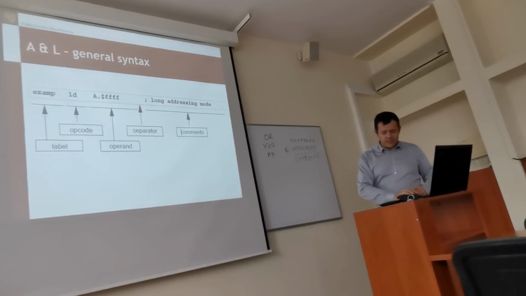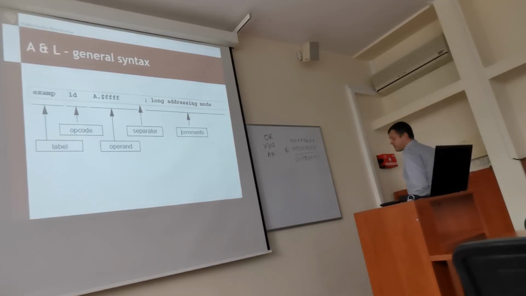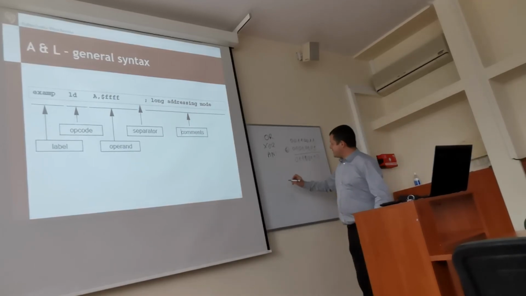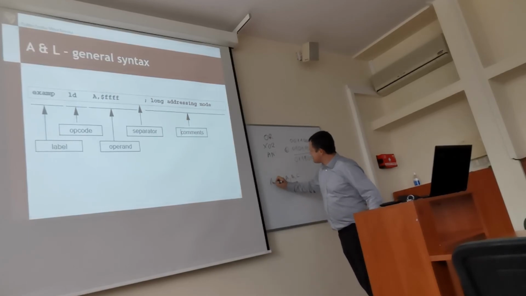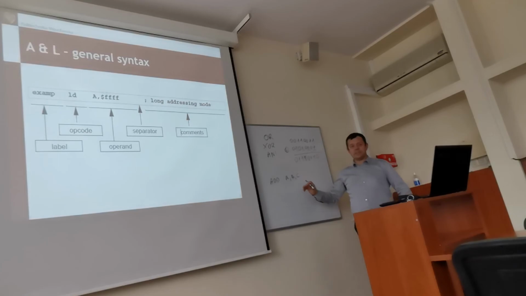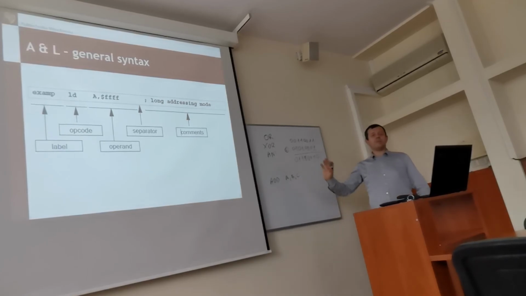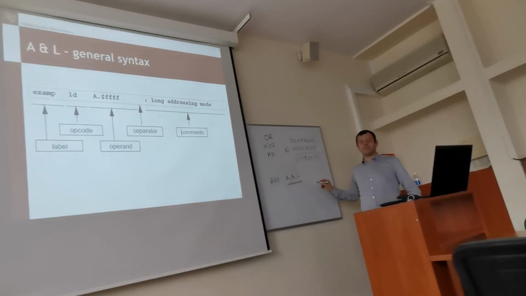In more complex microcontrollers, we've got 3 operands, and for example, LD, A, B, C, not LD, of course, it has no sense, but let's say ADD. And in this case, we don't override the source. It's the advantage of 3 operands, because we've got the situation that A is assigned B plus C.